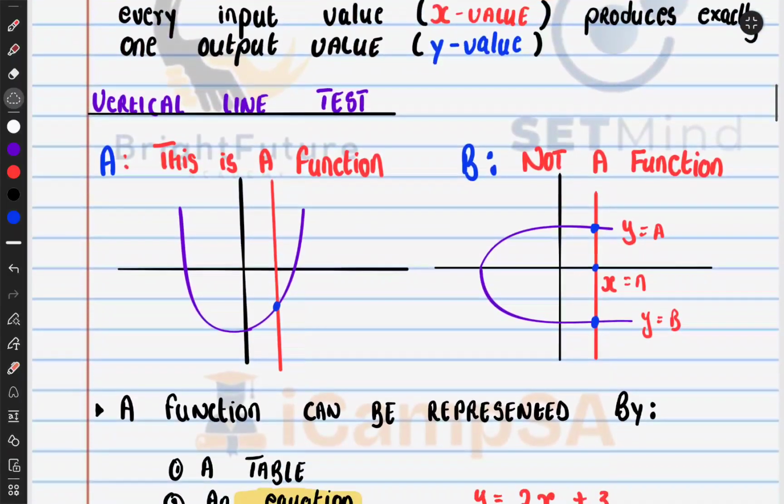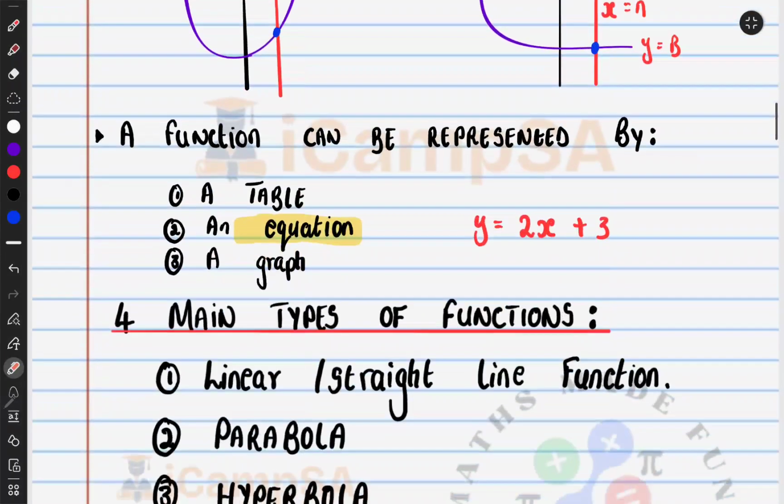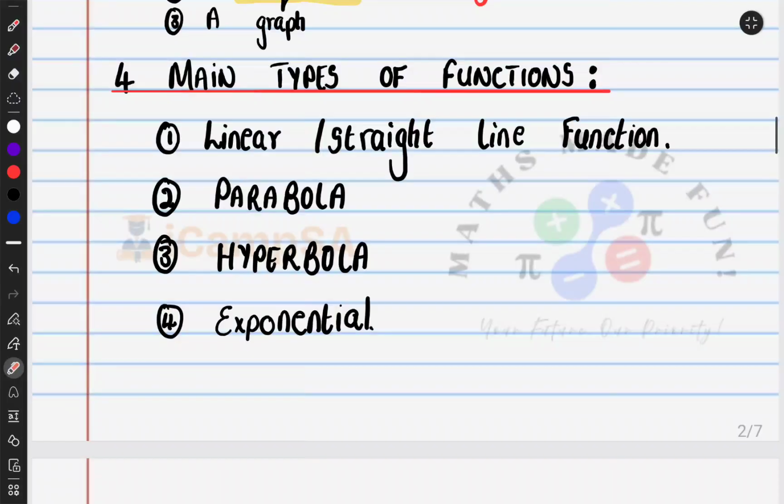The function that we have here is a simple representation of a parabola. Then next we have a hyperbola, and lastly we have an exponential function.